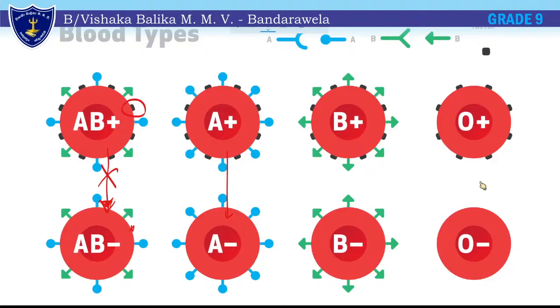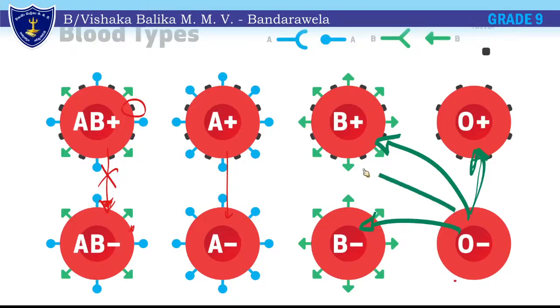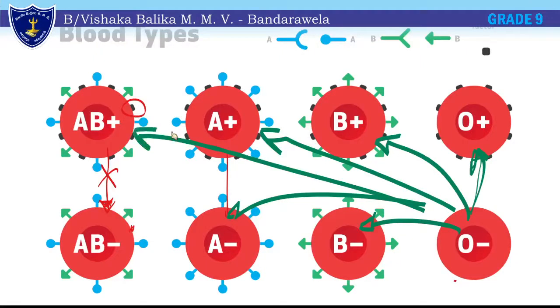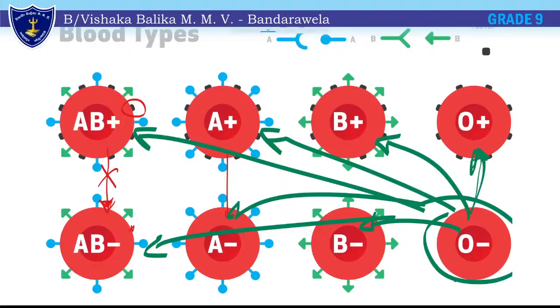But what about O negative? This is O negative. It has no antigen. O negative can be given to O positive, no problem. O negative to B, correct, we can give. This one also possible. This one possible. O negative is the universal donor. He or she can give blood to anybody, right?